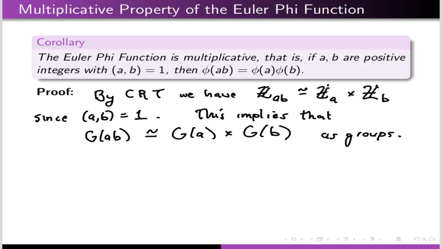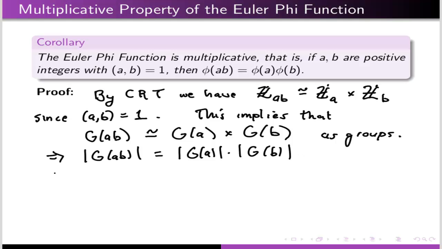And this implies they have the same cardinality. So the cardinality of the right-hand side is just the product of these two cardinalities. And so that implies that phi of AB equals phi of A times phi of B. As quick as that.